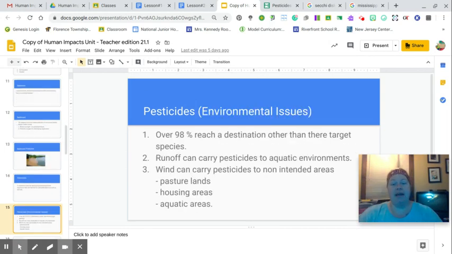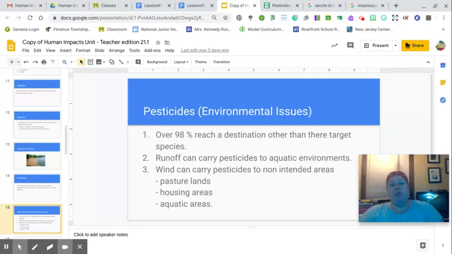Pesticides have a lot of issues because 90% of them reach a destination other than their target species. There's a typo right there. THEIR. Sorry. That means that they are affecting organisms that they weren't meant to.